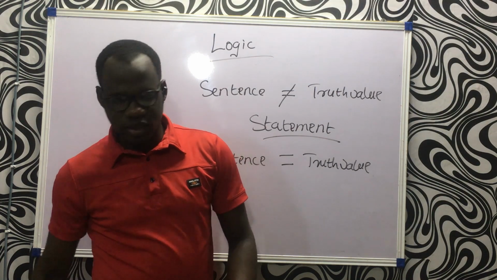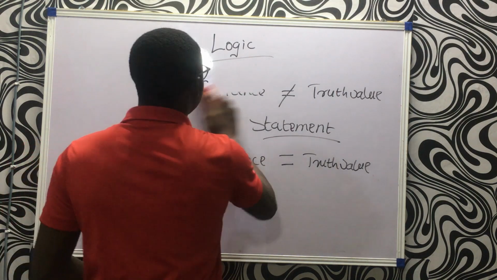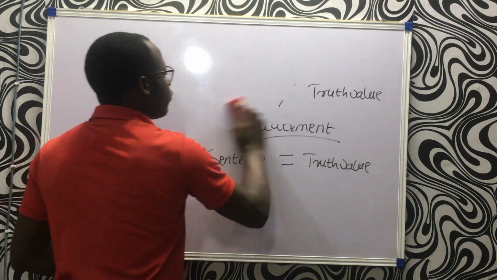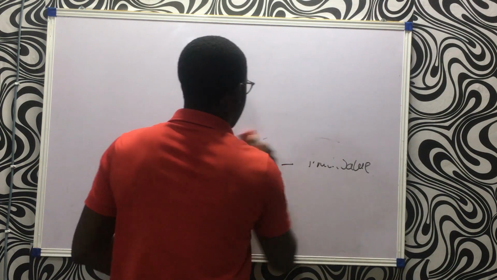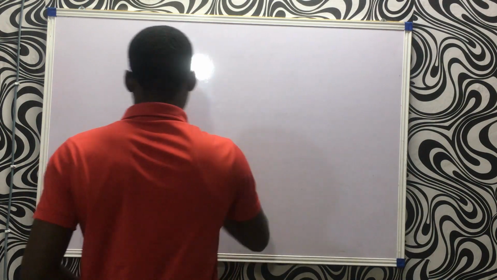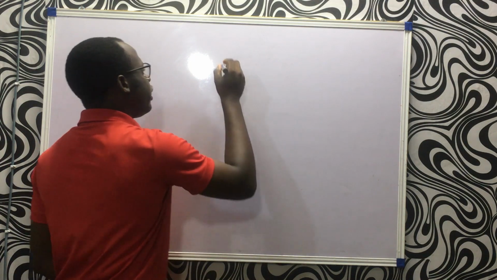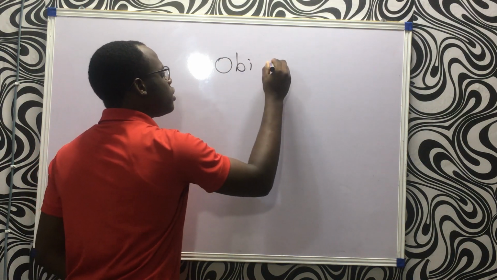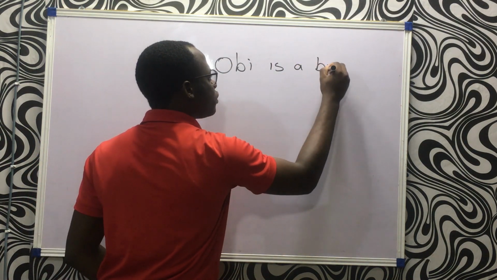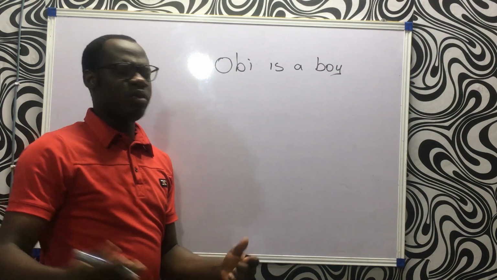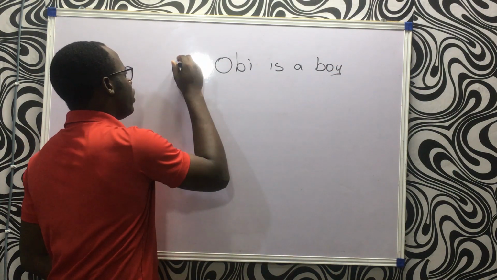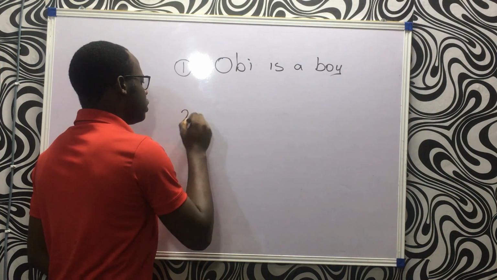Now, let's look at an example. Example number one: Obi is a boy.